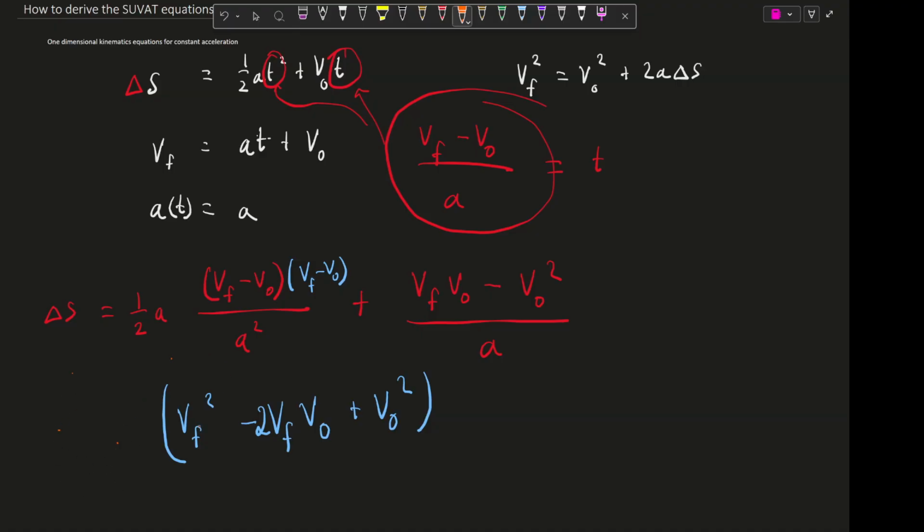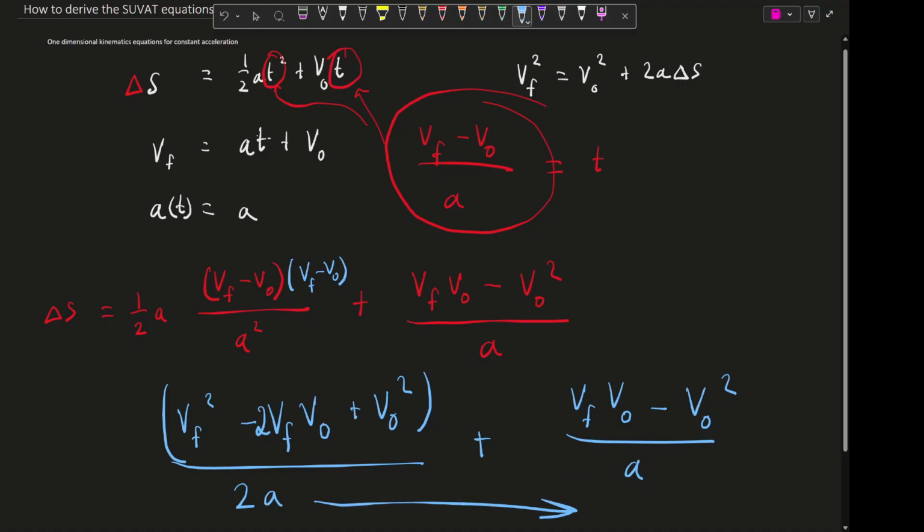So if I have this all over here, this left term, which I'll write in blue, I've got this all over 2a, and then I'm trying to add it with this stuff over here, which is vf v naught minus v naught squared all over a. And these have different denominators.